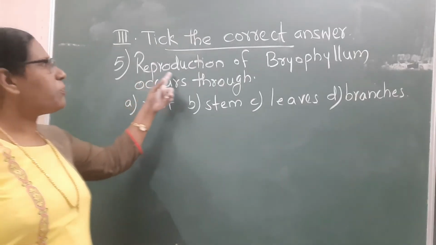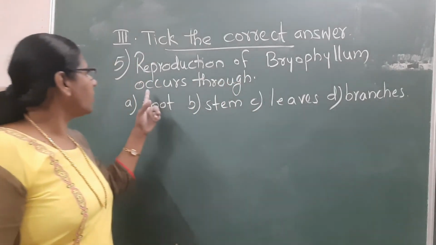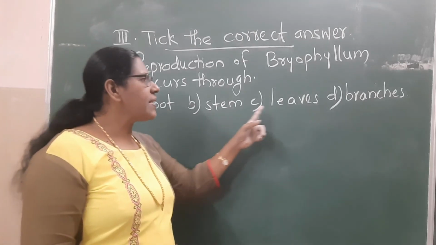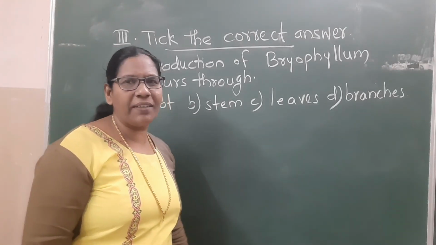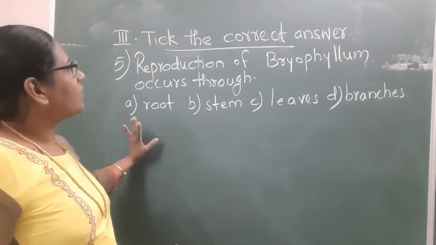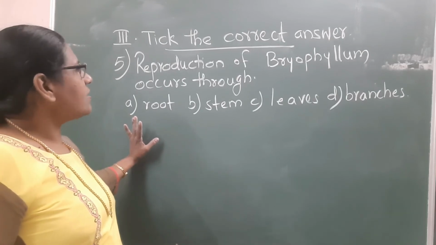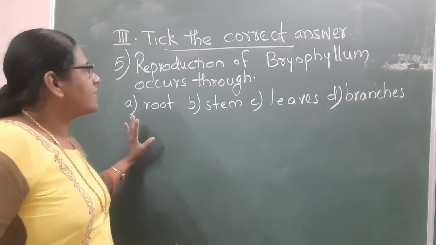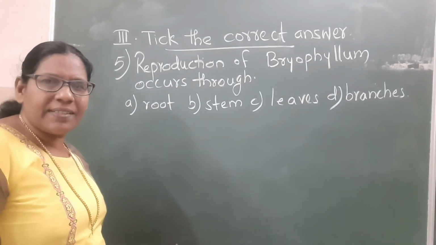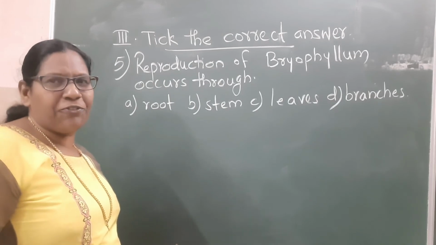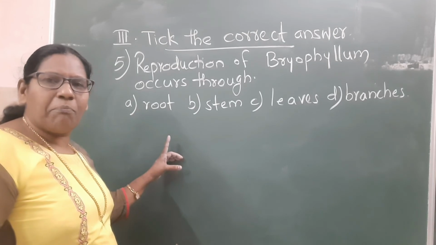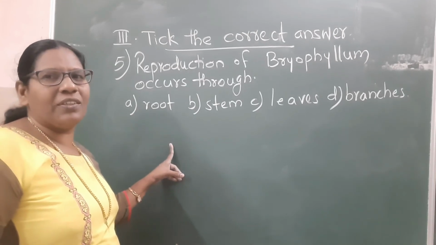5. Reproduction of bryophyllum occurs through A, root, B, stem, C, leaves, D, branches. We studied that there are some plants where the new plants grow from their leaves. Example, bryophyllum. This plant's leaves have buds on the margin of the leaves.